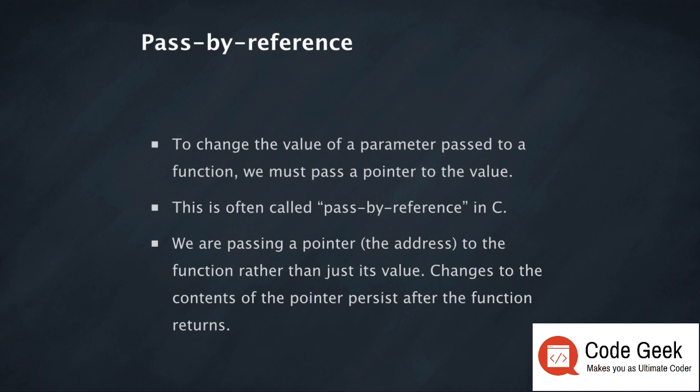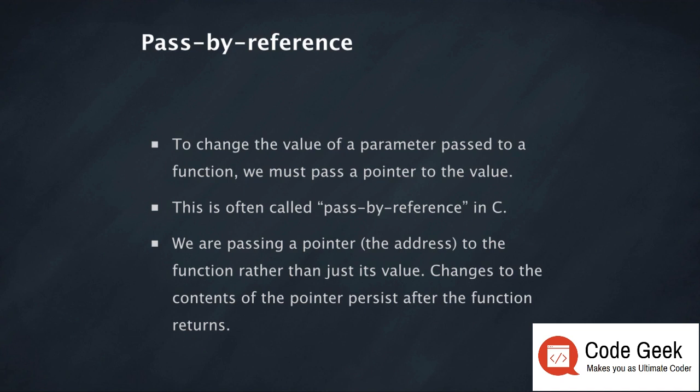In C, a reference is an address. So pass by reference means pass by address in C. We are passing a pointer. In other words, we're passing the address of a variable to the function rather than just its value. Therefore, changes to the contents of that pointer, star, persist after the function returns.